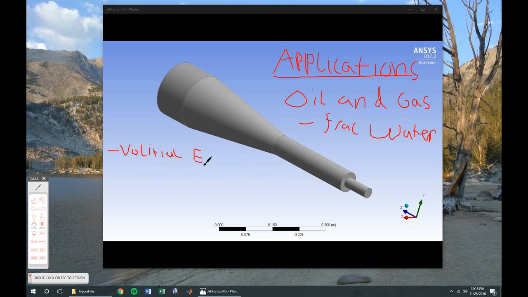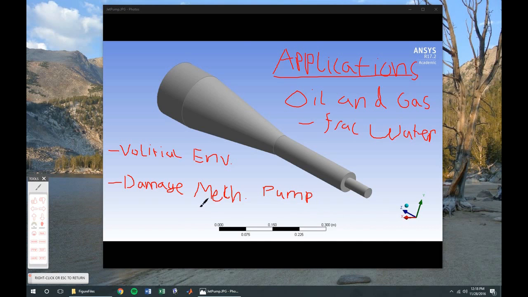They can also be used when the fluid that they're pumping could damage a mechanical pump. Basically, the principle that they work on is really fascinating to me, using the Venturi effect.